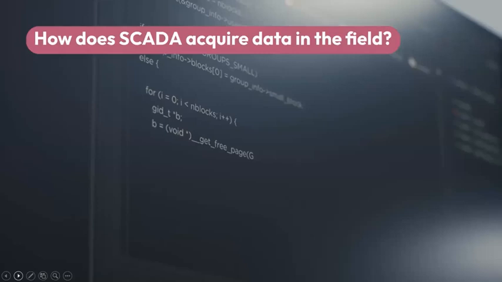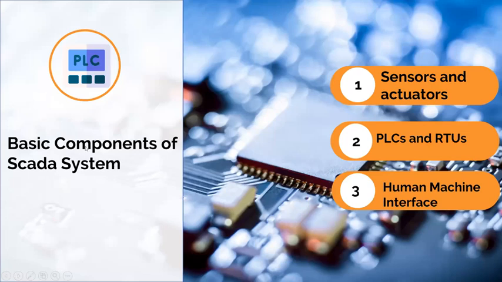So we will go to the other objective we had in this training: how does SCADA acquire data in the field? In order to know how SCADA acquires data from the field, we will first learn the basic components that comprise a SCADA system.